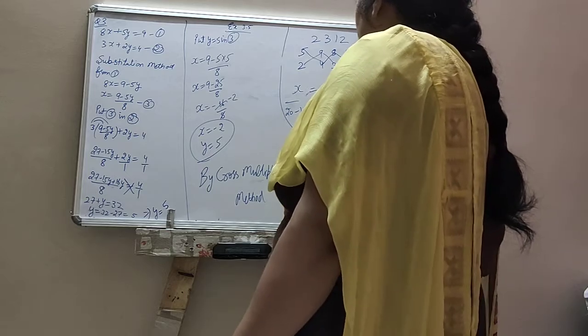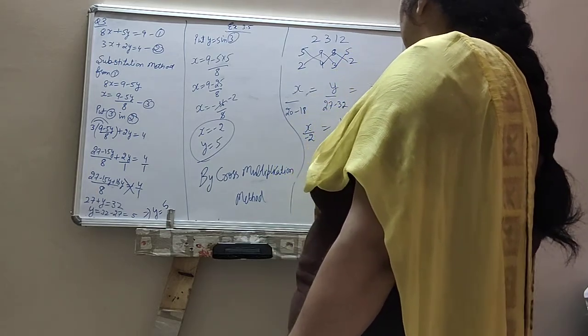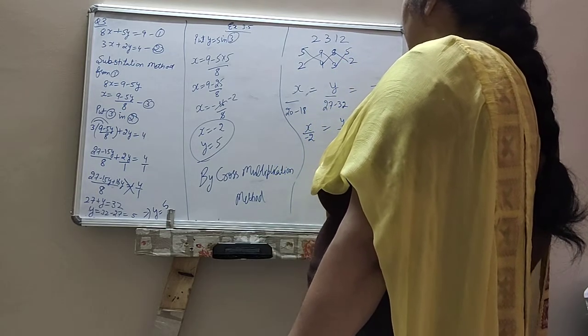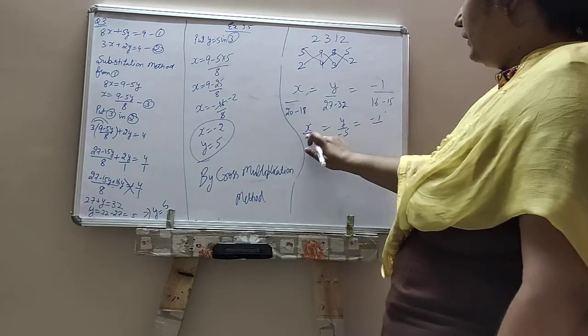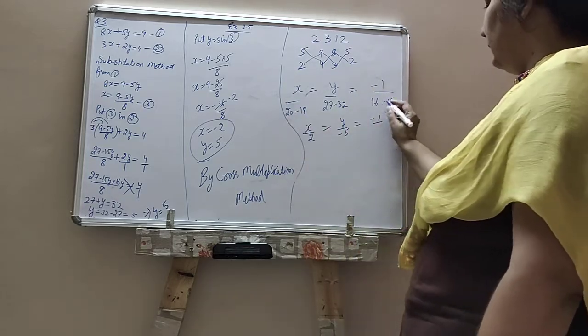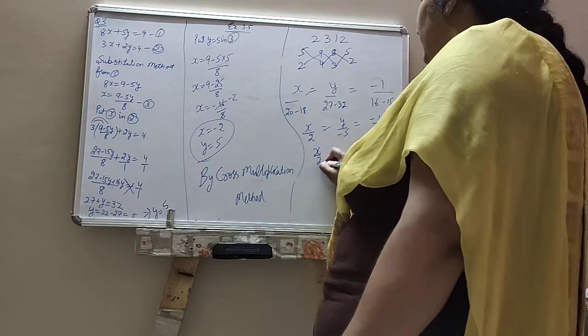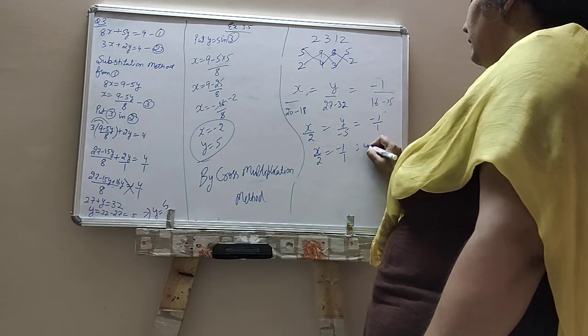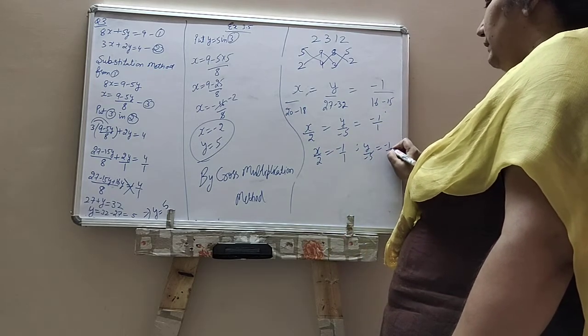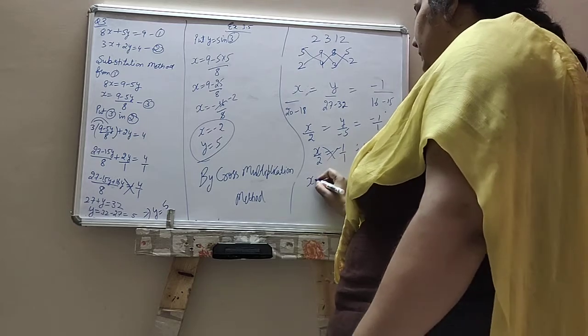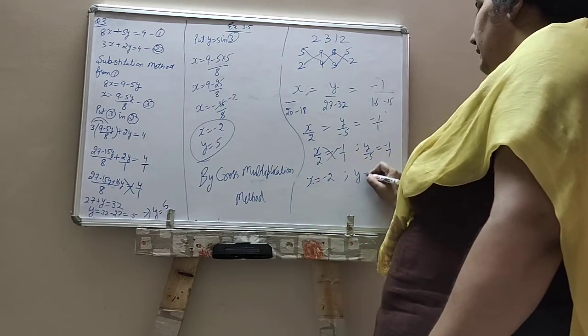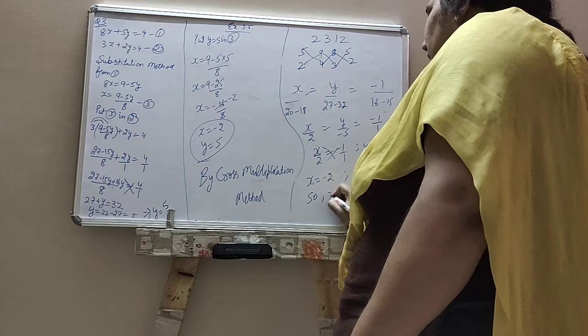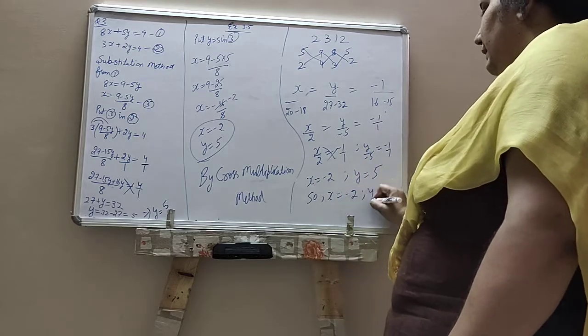So x by minus 2, y by minus 5, minus 1 by... sorry, here it is plus 2, 20 minus 18, 1. Now x by 2 minus 1 by 1, y by minus 5 minus 1. By cross multiplication it is x is minus 2, y is equal to 5. So x equal to minus 2, y is equal to 5.